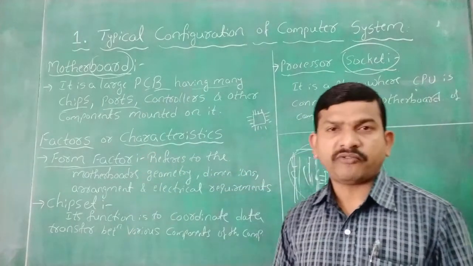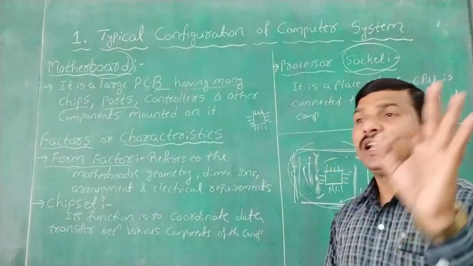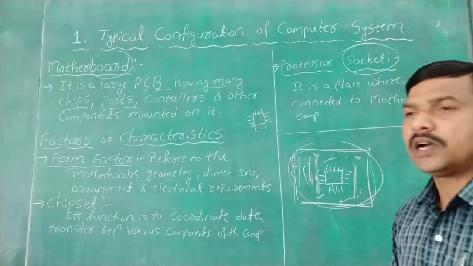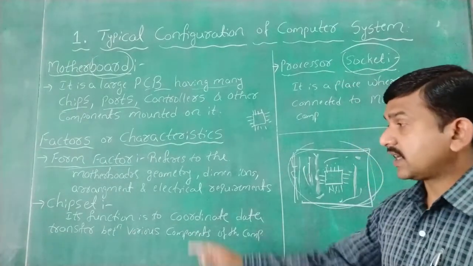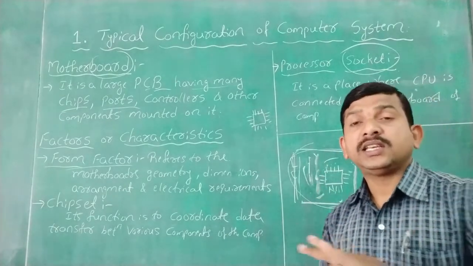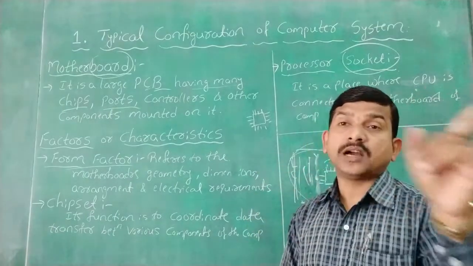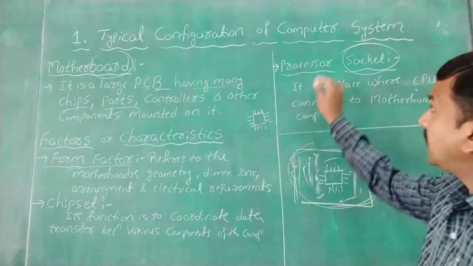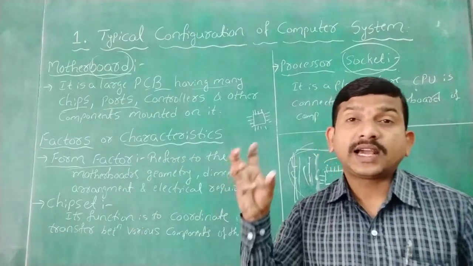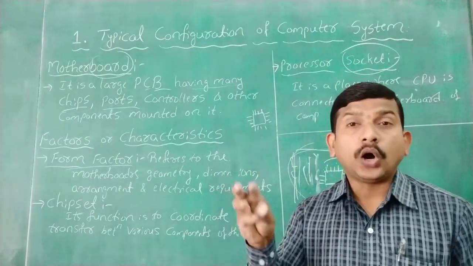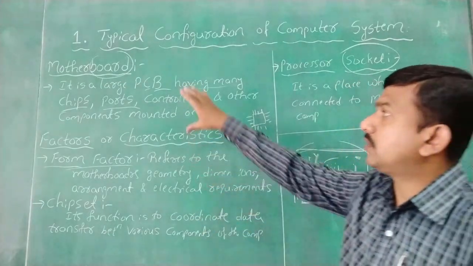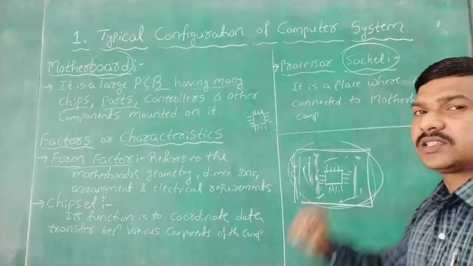The first one is form factor. It mainly concentrates on dimension, geometry, arrangement and some other electronic components which are required. The second one, chipset, coordinates the data transfer between various components of the computer system. And the processor socket is one place where we can connect the CPU or processor on the motherboard.